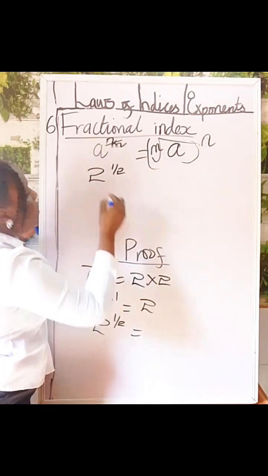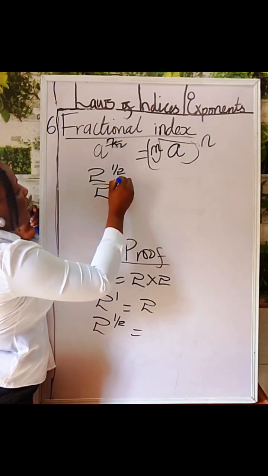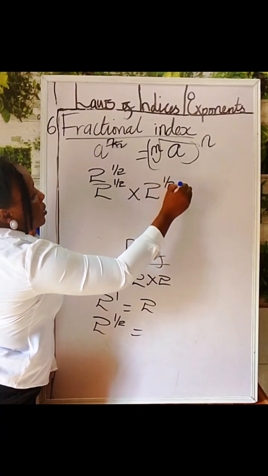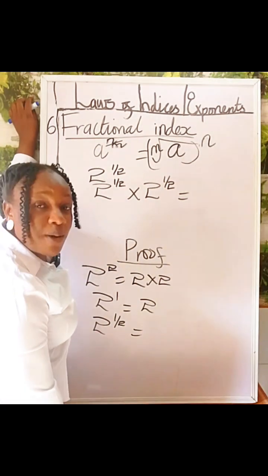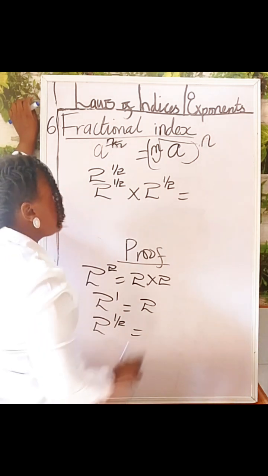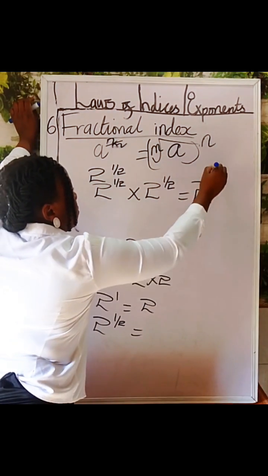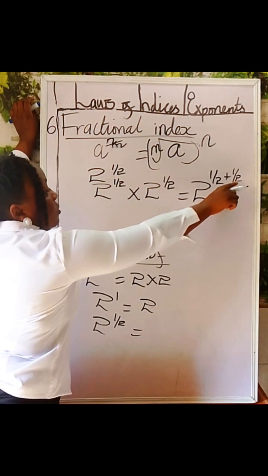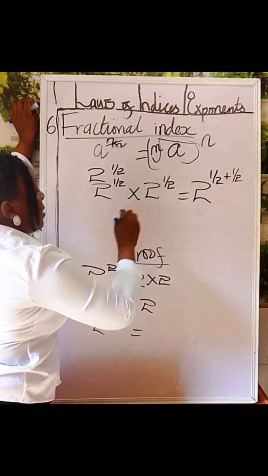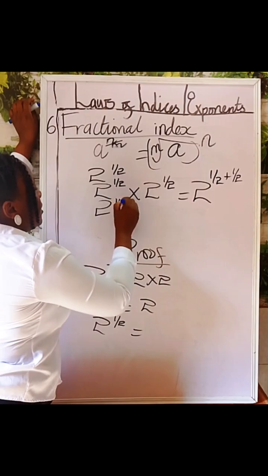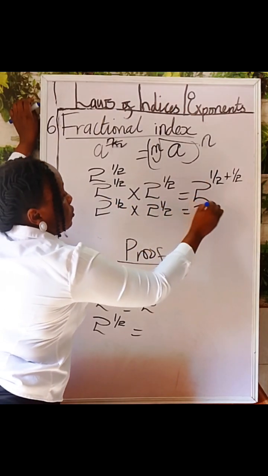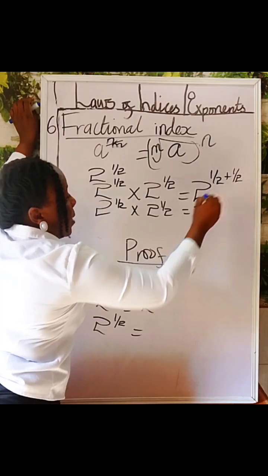But we do know what 2 raised to power half times 2 raised to power half is. From our multiplication law or product law, when we raise these two to the powers half and half, we'll see that we have 2 raised to power 1.